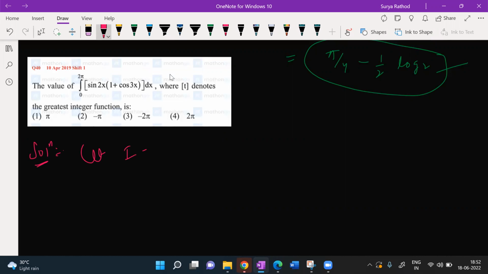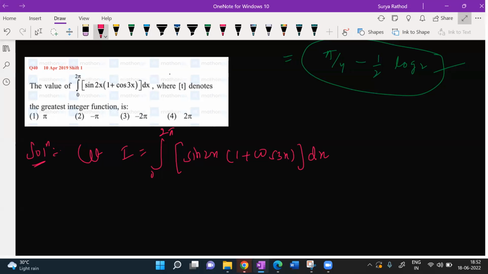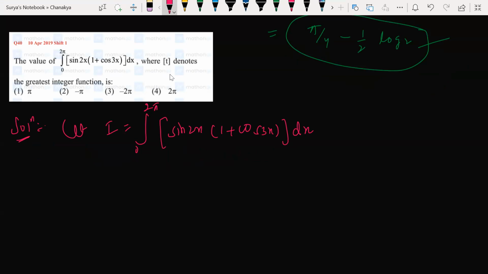Let I be equal to integral 0 to pi of sin 2x. Okay, so let us take this as first impression. We can apply this property: integral a to b of f of x dx is equal to integral a to b of f of a plus b minus x dx.